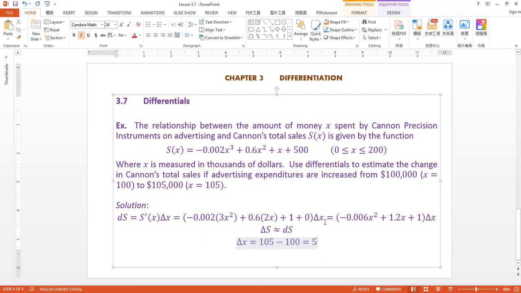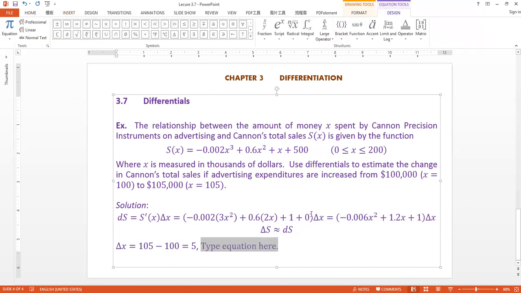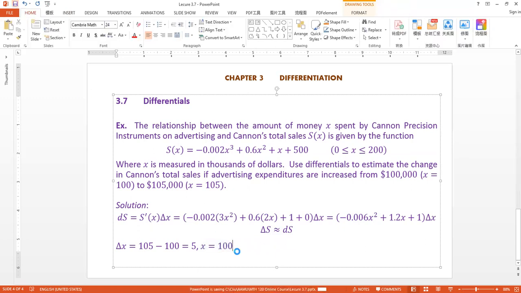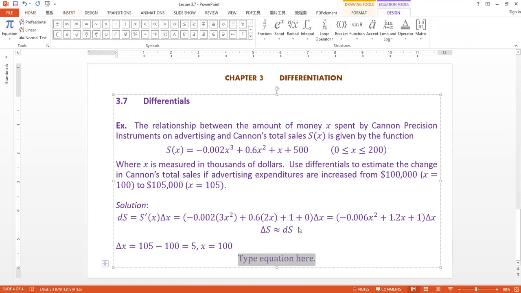We're going to plug it into the formula for the differential. And the other thing we need is x, and this time we're going to use 100. You start from 100 and increase to 105. So x is 100, and the increment in x is 5. So just plug in 100 for x and 5 for delta x. Then we get the numerical value of the differential.